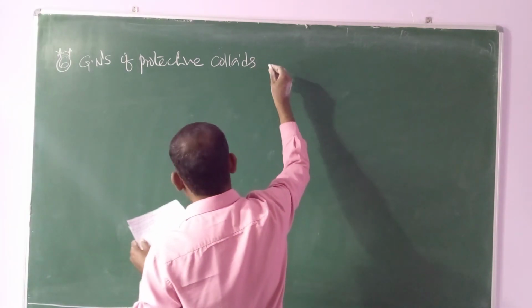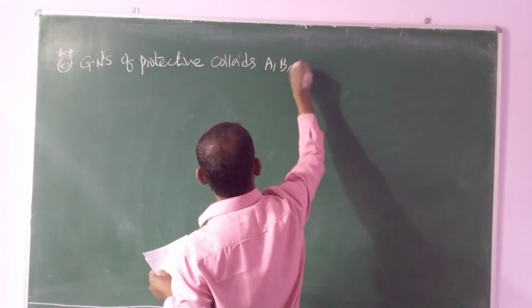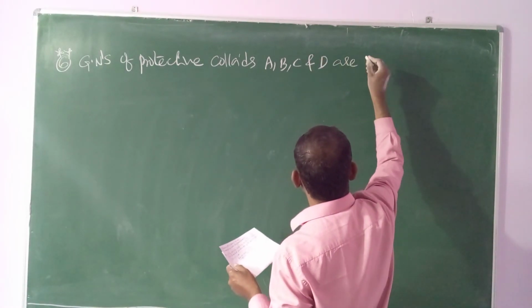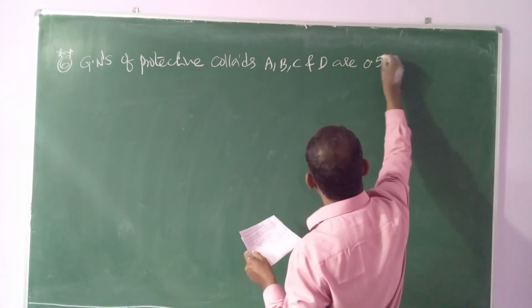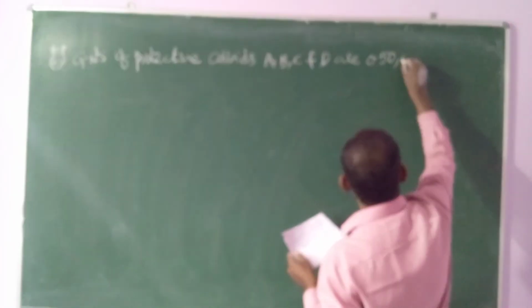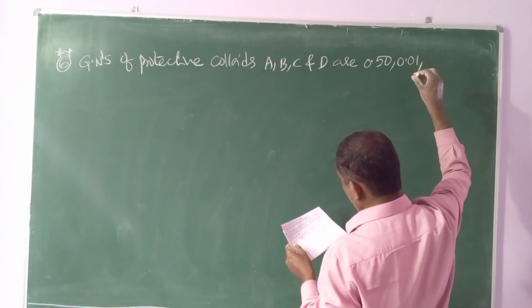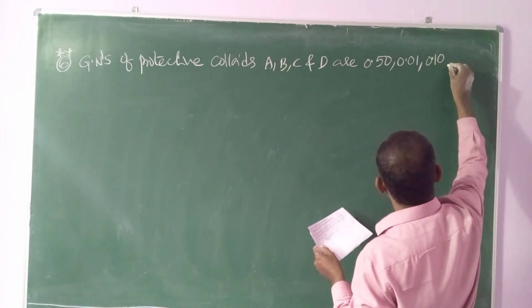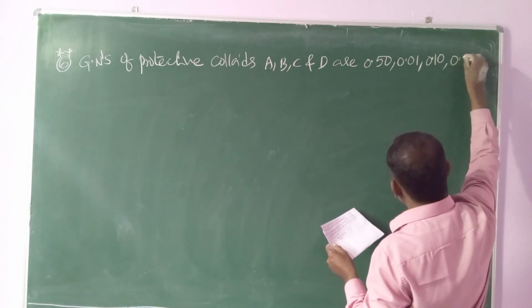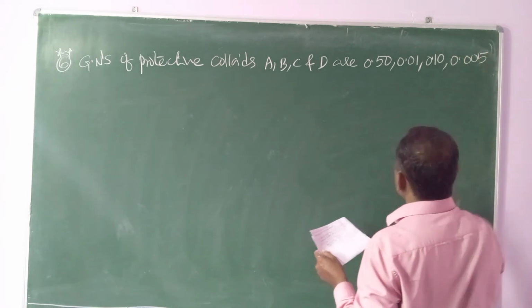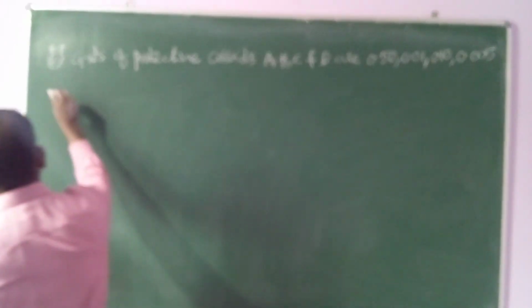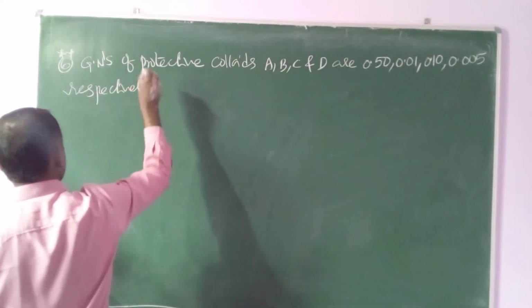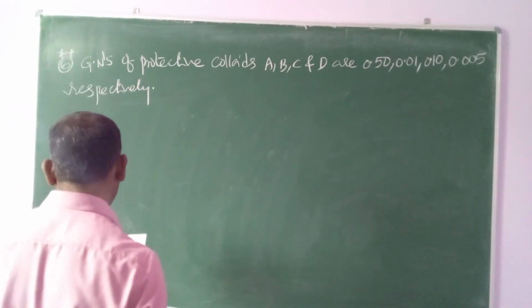Gold numbers of protective colloids A, B, C and D are 0.50, 0.01, 0.10, 0.005 respectively. Those are the gold numbers of 4 sols A, B, C, D.